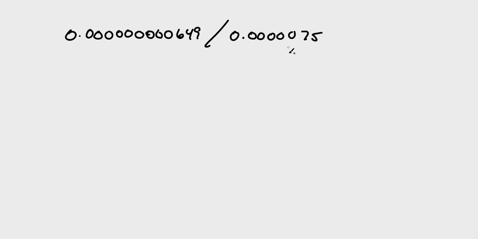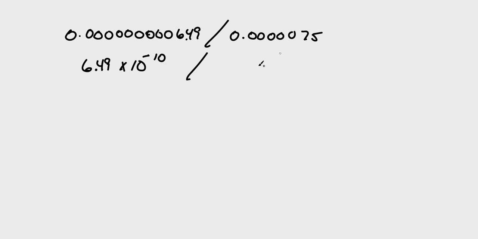Okay, so let's convert these to scientific notation. 649, decimal place to the right of the first significant figure, times 10. We're going backwards this time, so it's going to be a negative exponent. We're going from here to here. We're going to go 1, 2, 3, 4, 5, 6, 7, 8, 9, 10. So 6.49 times 10 to the negative 10th.